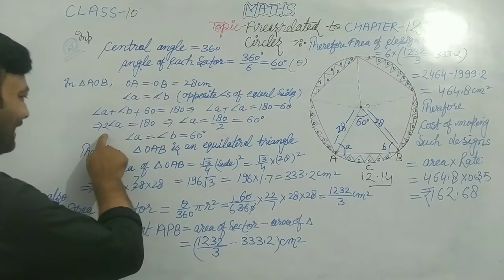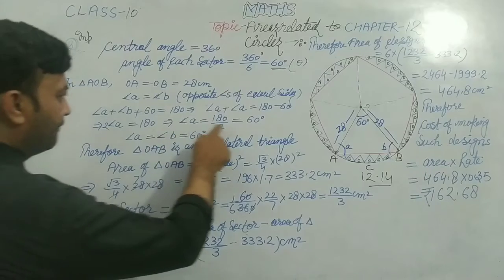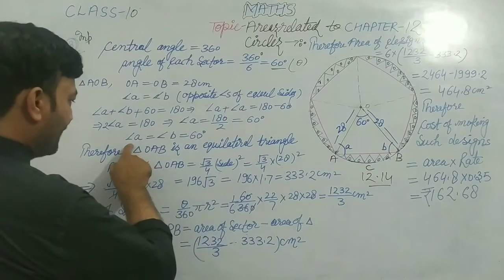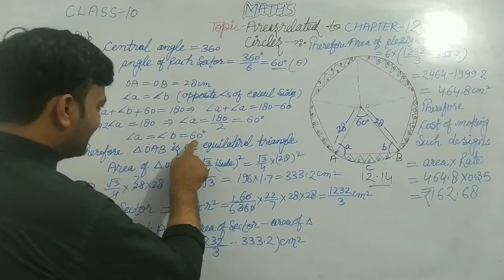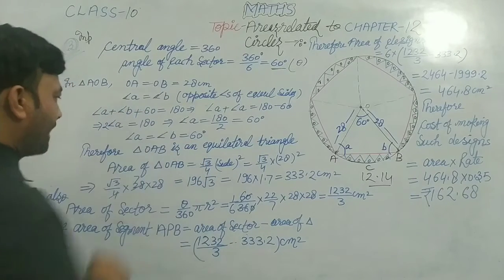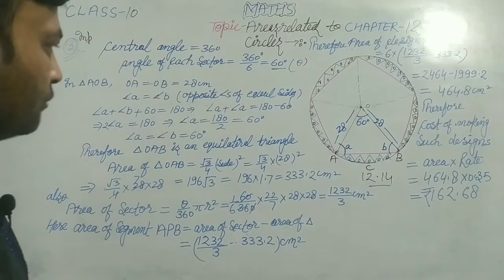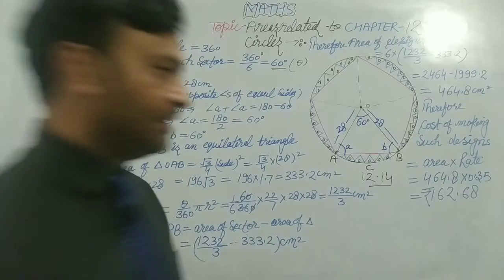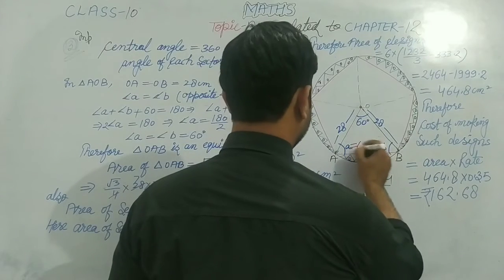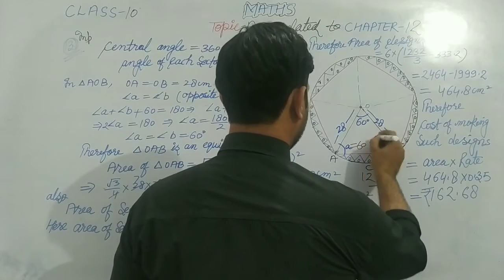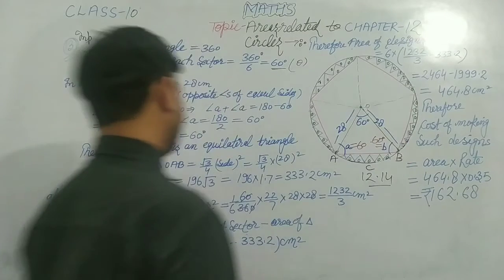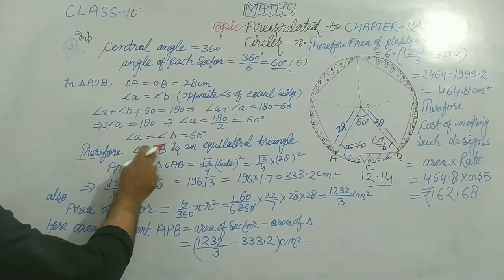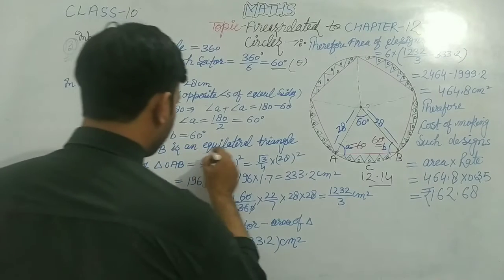Finally 2 angle A equals 120, and angle A equals 120 over 2, equals 60 degree. So angle A and angle B equal 60 degree. Each angle is 60 degree, so triangle AOB is an equilateral triangle.